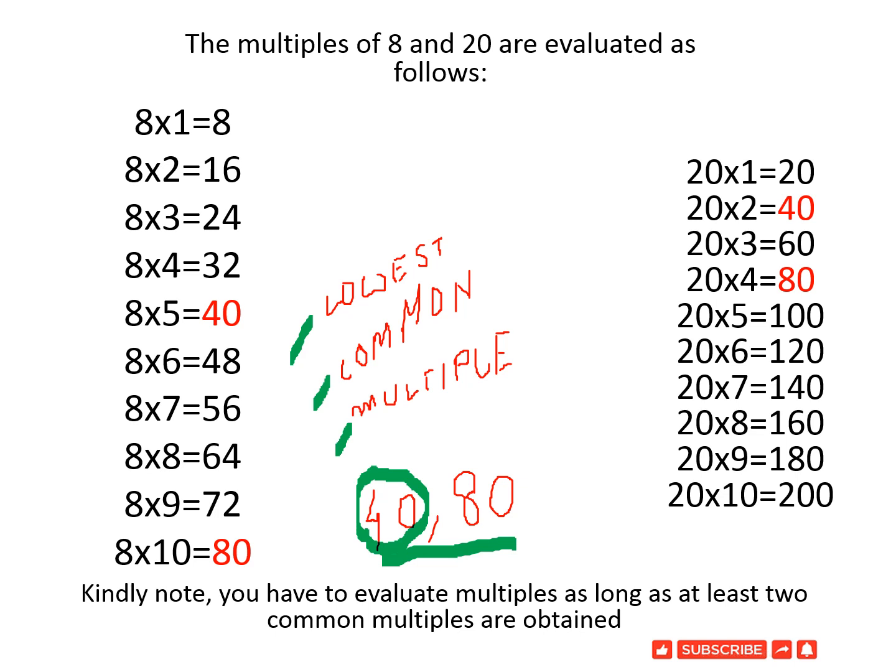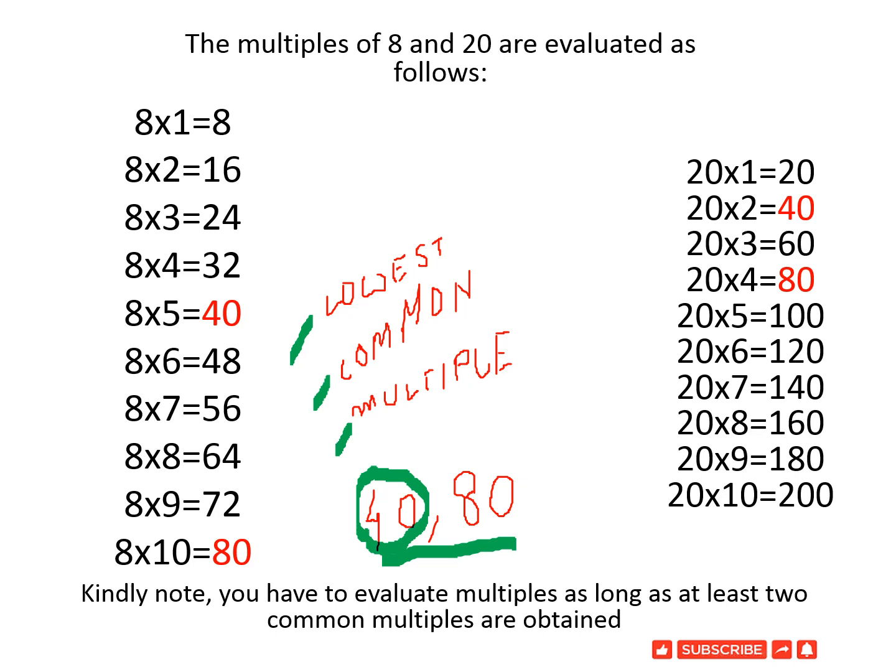Okay, so here you can see, kindly note, you have to evaluate multiples as long as at least two common multiples are obtained. Okay, you understand this line? Here I have evaluated only 10 multiples of each number.